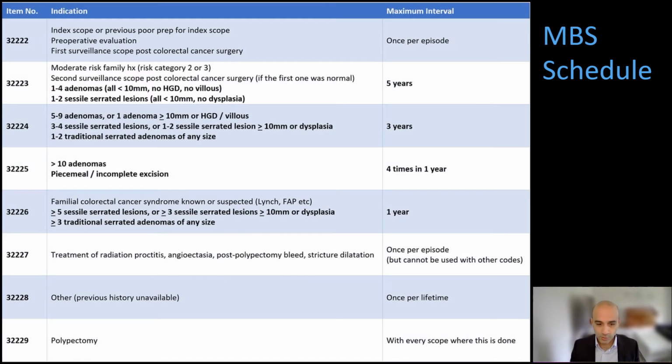In addition to this, the MBS schedule was also revised, and unfortunately the MBS schedule, which is how we get paid for colonoscopy and how hospitals get paid for colonoscopy, did not match up with the new guidelines. So you have this very confusing situation where the guidelines themselves are extremely complicated and the funding does not match the recommended intervals.